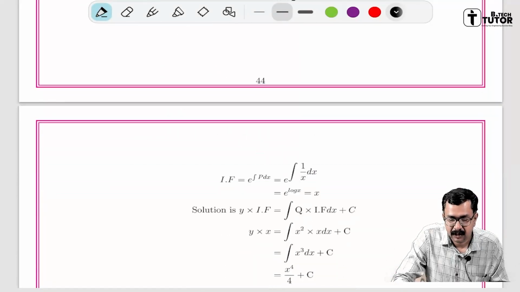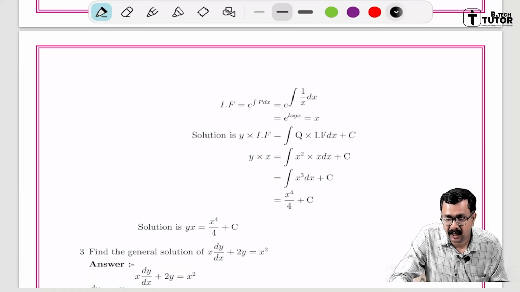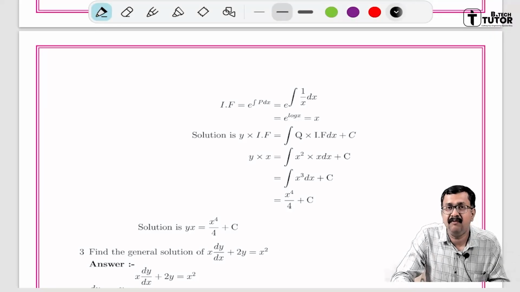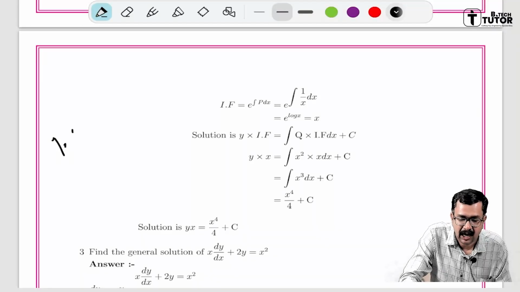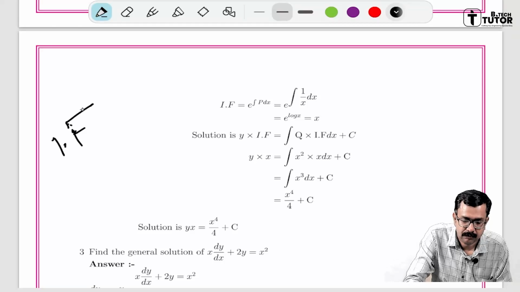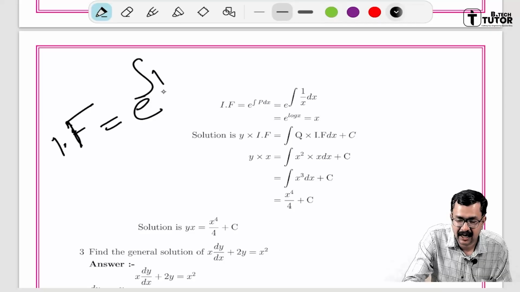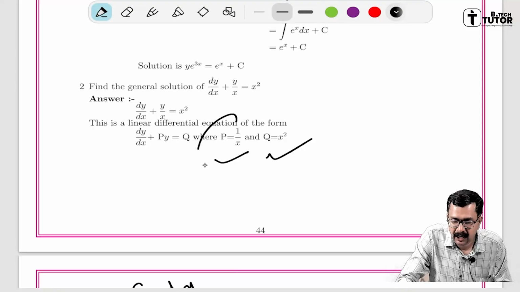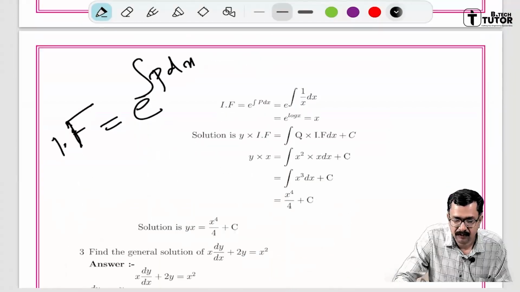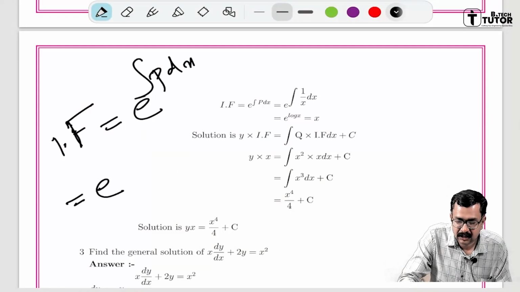Next, we are applying the equation. We want to find out the IF. IF means integrating factor. IF equal to e raised to integral p dx. Our p is 1 by x. Therefore, e raised to integral 1 by x dx.